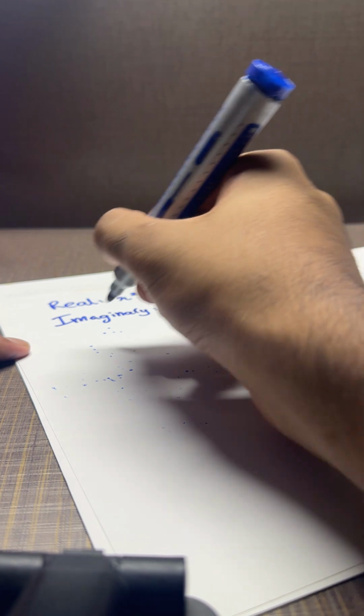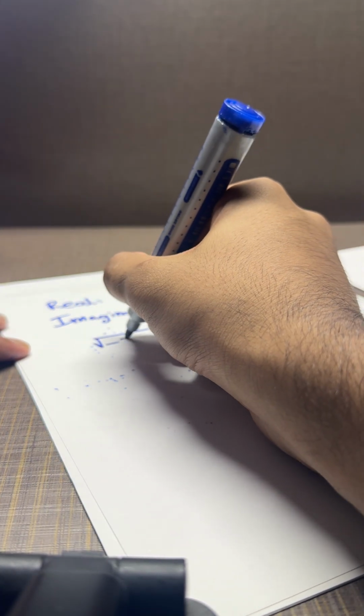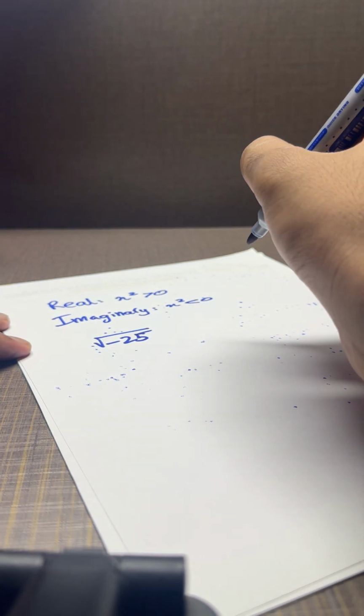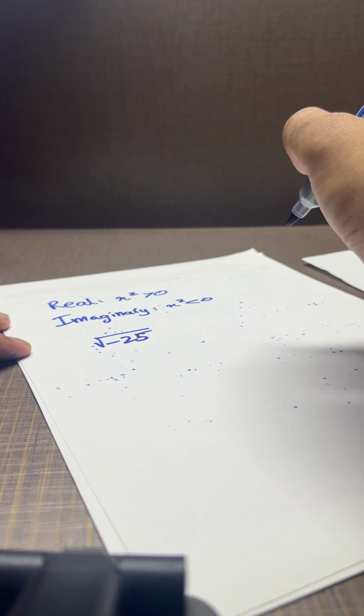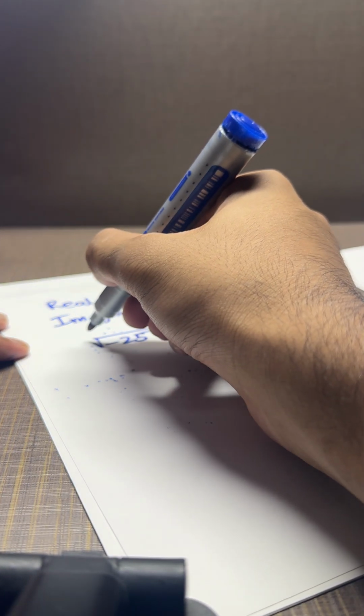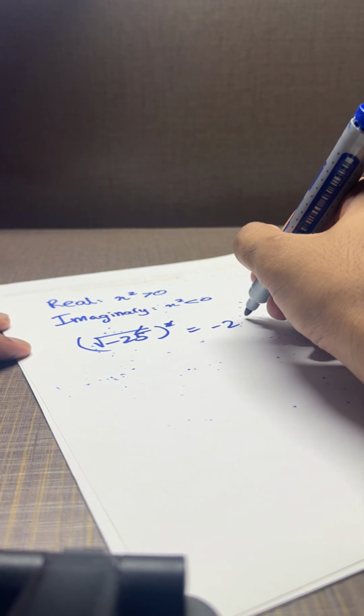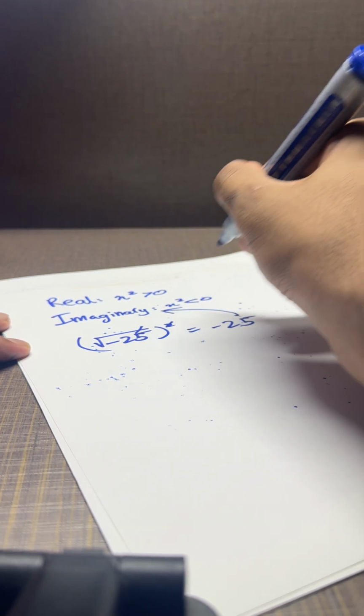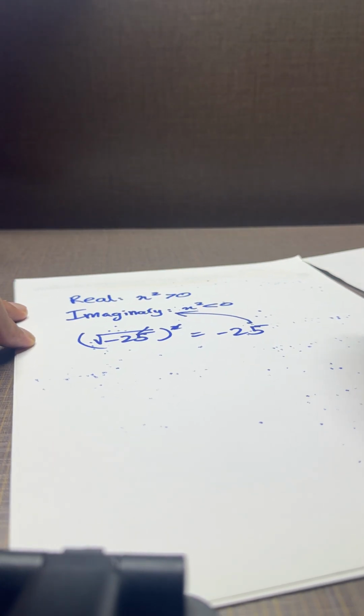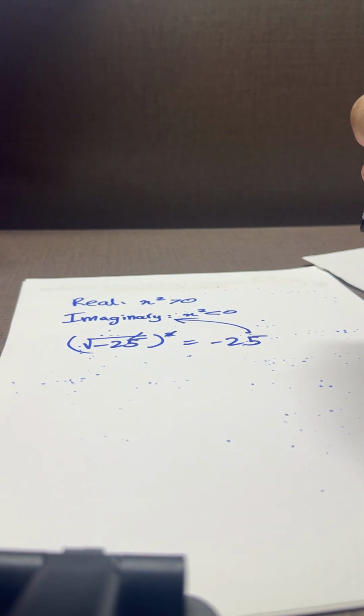For example, we have a number, let's say minus 25. Now this is not a real number, so it falls outside the real number category. However, we can still solve it.